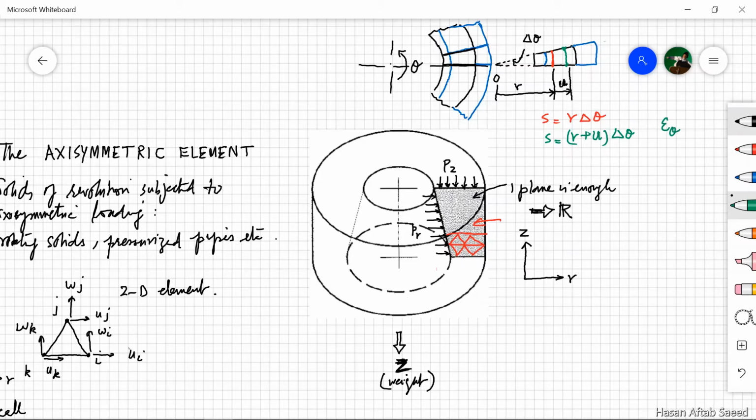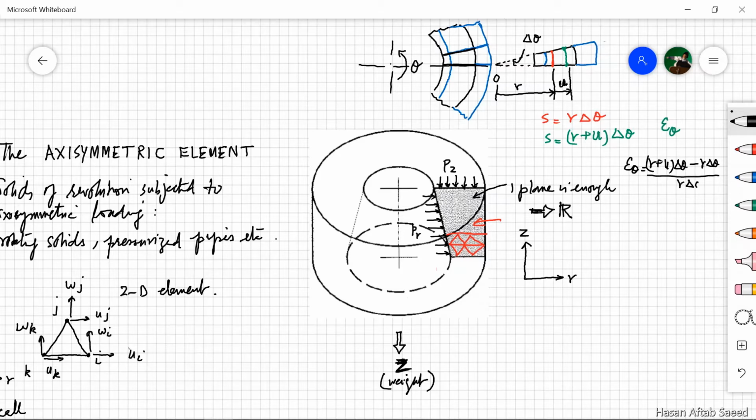And that epsilon theta can easily be calculated. We know the original length and the final length. The new length is r plus u times delta theta, minus the original length r delta theta, divided by the original length.